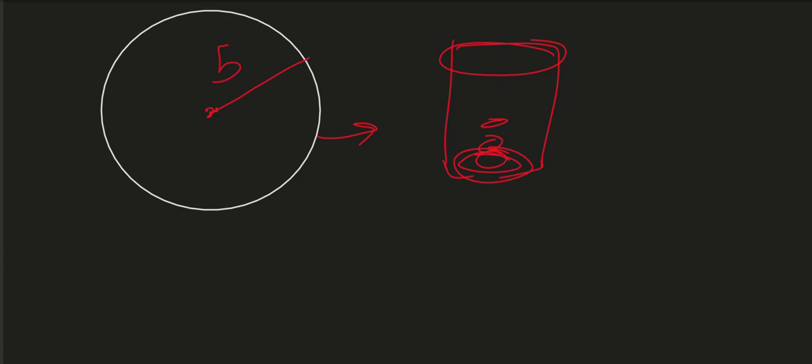I want to hear nothing from nobody till I'm done with the problem. Are we clear? Yes, sir. Okay, so I keep stacking the circles one on top of the other.